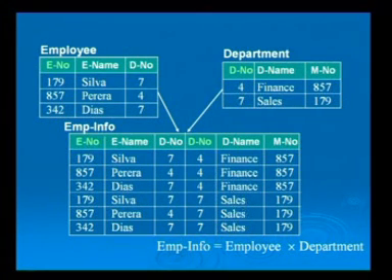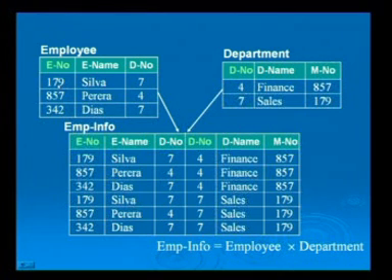Again, if we use an example to illustrate this, there is this employee relation and the department relation. Employee has 3 rows and department has 2 rows. This is the output after applying Cartesian product to employee and department.